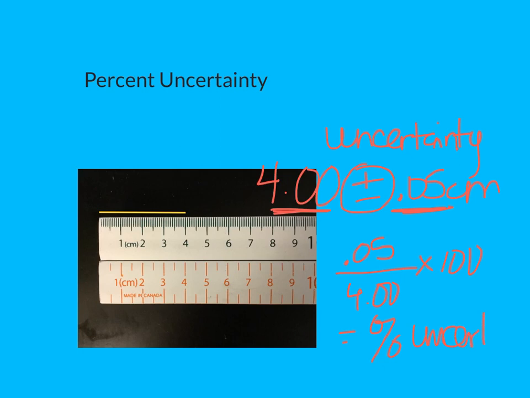What percent are we uncertain? And you can see that as this measurement gets bigger and bigger, this whole product is going to get smaller and smaller. So the bigger thing that we can measure with the same measuring device, our percent uncertainty actually goes down.